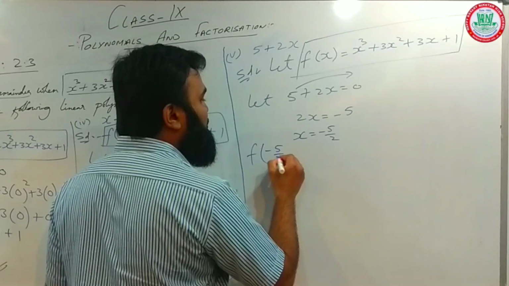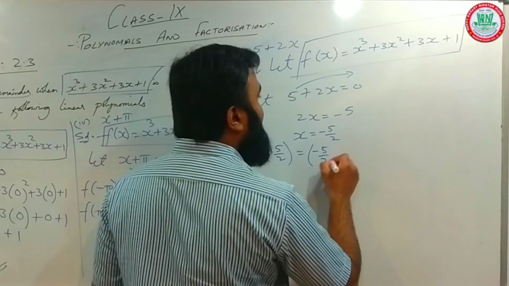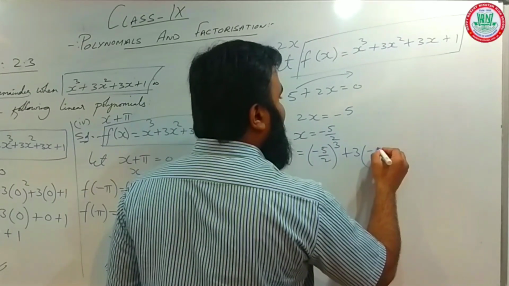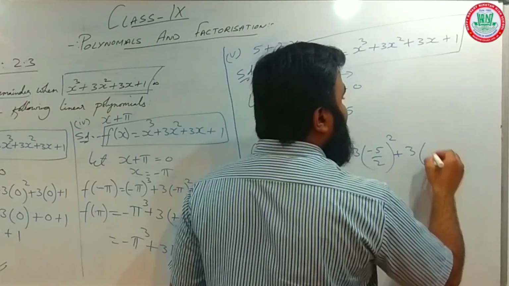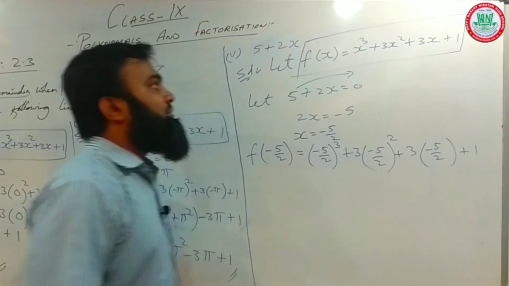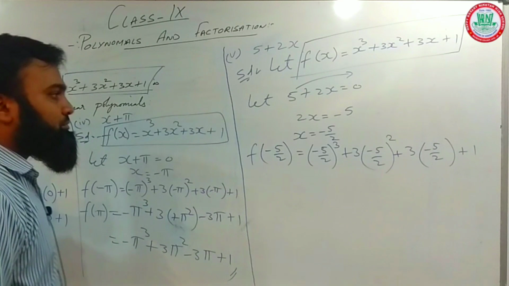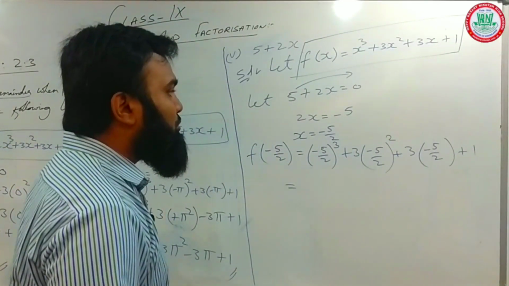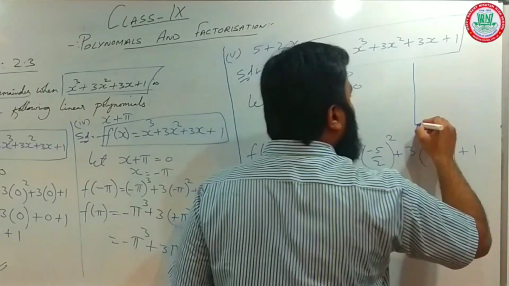Minus 5 by 2 is equal to, as it is, x value is minus 5 by 2 whole cube plus 3 into x value, minus 5 by 2 whole square, plus 3 into x value, minus 5 by 2, plus 1. Wherever x is there, I put minus 5 by 2. Now, which is equal to minus 5 by 2 whole cube is what? Minus into minus, we have to do it in the rough work.